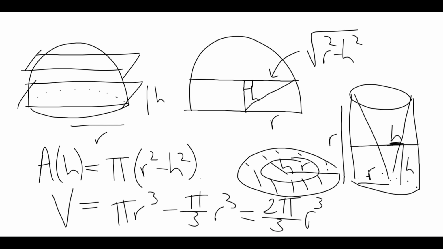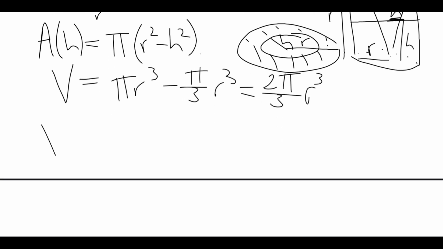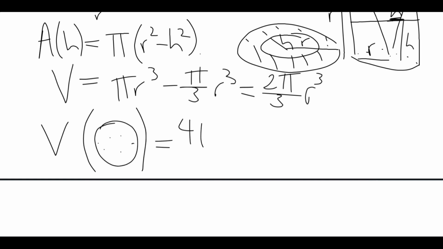So that's the volume of a hemisphere, and then the volume of a sphere is just twice that. And now this is automatically 2/3 the volume of the surrounding cylinder.